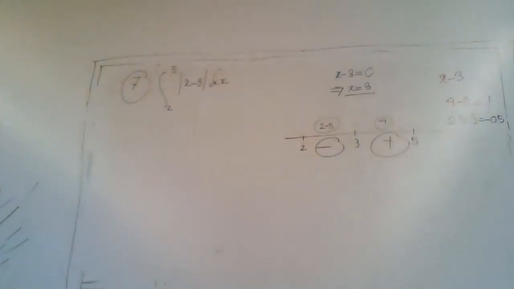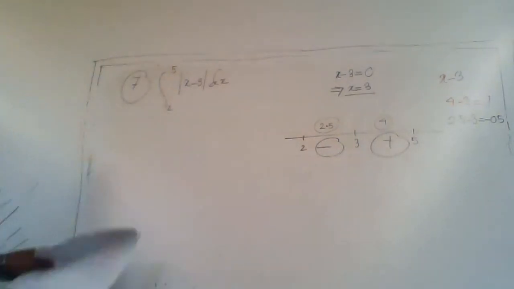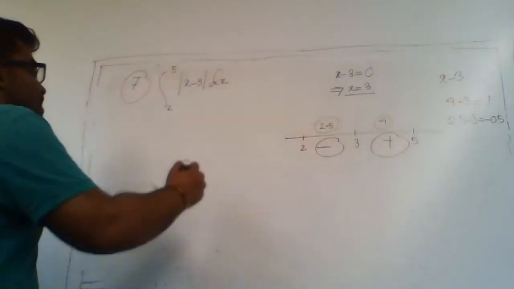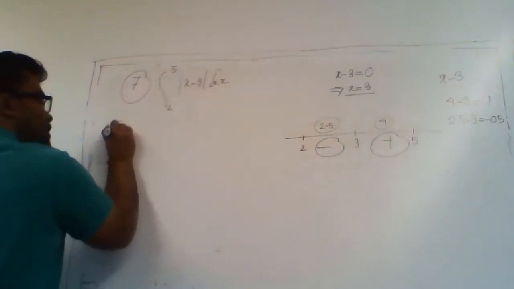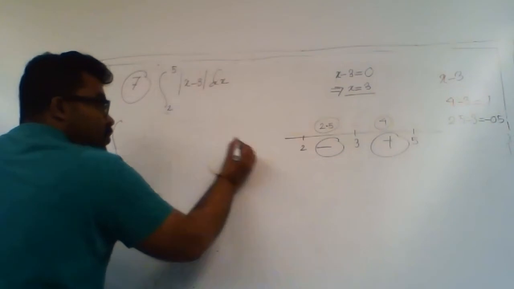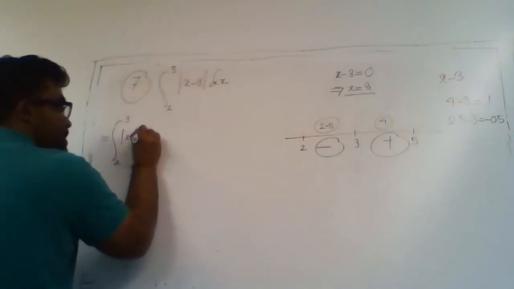Now, once we have determined the sign, we just split this integral. Here we have from 2 to 5. So what we do, we write this as follows. First, from 2 to 3, absolute value of x minus 3 dx.